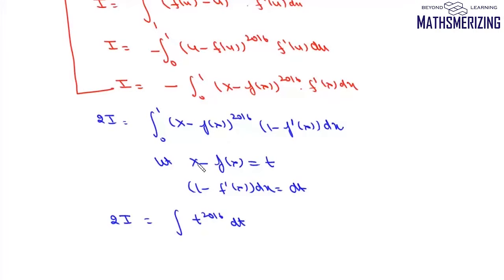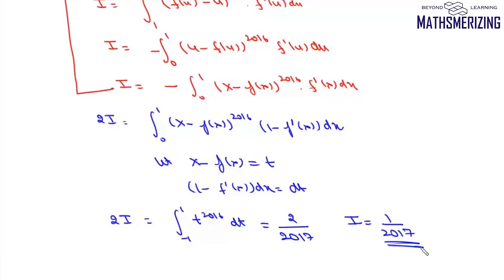So it will be 0 minus f(0), and f(0) is 1. So this lower limit is minus 1, and here it will be this value 1. Now we'll solve this integral. We'll get this as t to the power 2017 upon 2017, and if we put the limits, we'll get this as 2 upon 2017. So value of this integral will be simply 1 upon 2017, and that is the answer to this question.